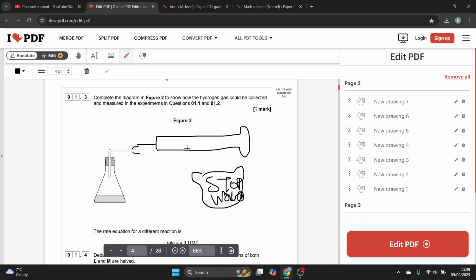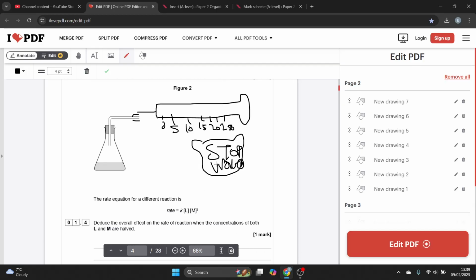That's not really relevant for this. And then your axis, so I'm just showing it like this, like 0, 5, 10, 15, 20, 25, 30, for example. And yeah, that's it.